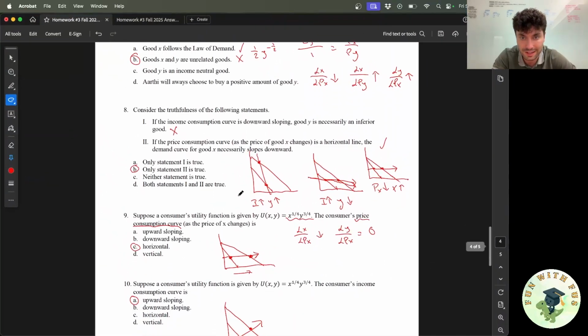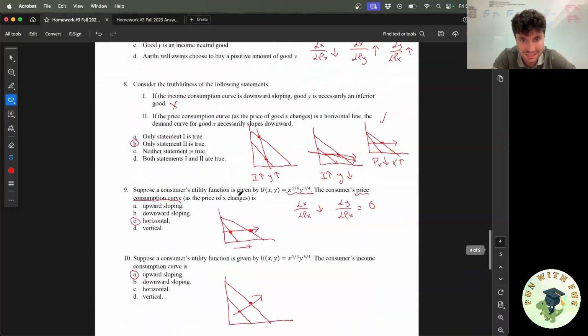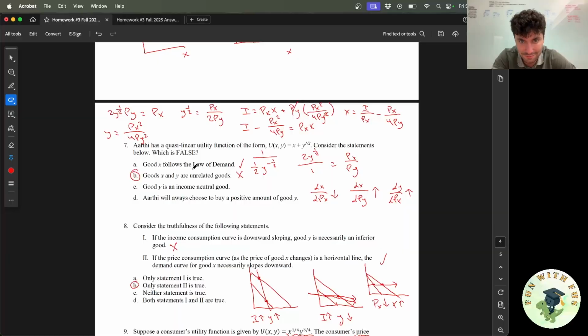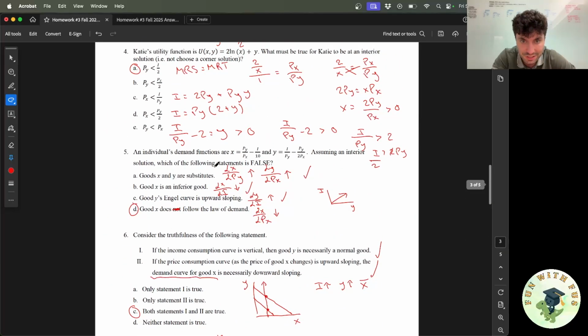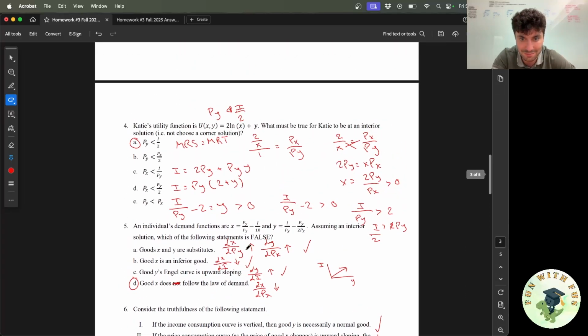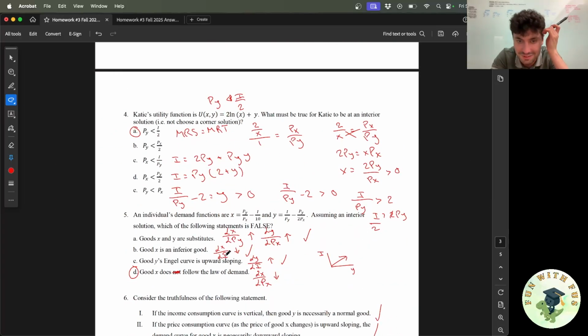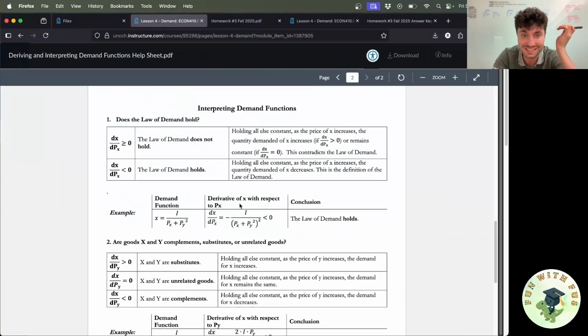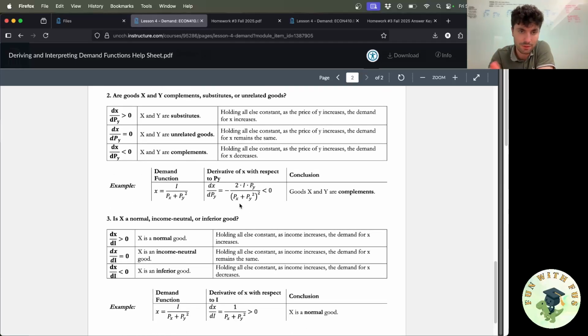So if you were ever wondering what it means on these when I'm maybe moving a little too fast, and I was just like, good X follows law of demand, which is this derivative. And you're like, yeah, whatever. I pulled out derivatives from seemingly nowhere. I've seen this content a lot, but this help sheet might be helpful if you need some guidance on the vocabulary and the key terms and connecting that with derivatives.